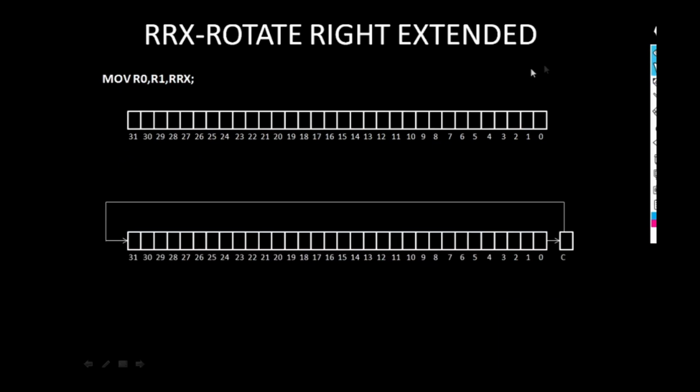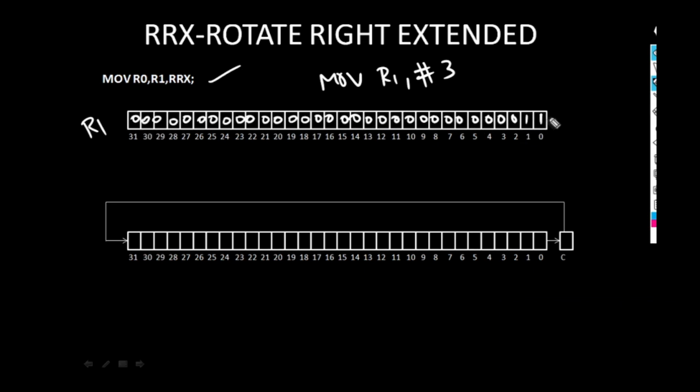Initially let me take a very small value in register R1. Let's assume you have an instruction something like this, and before this instruction R1 is 3. Now let's assume the C value is previously 0.